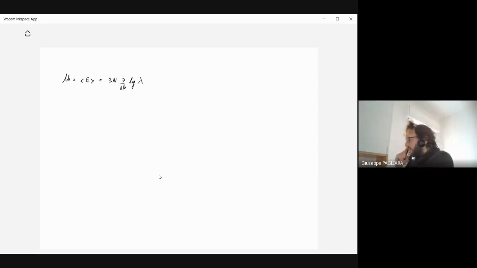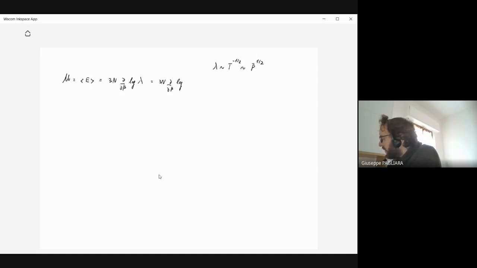And up to this point, I've done the calculation correctly. Now lambda scales as T to the minus 1/2, and therefore it scales as beta to the power of 1/2. And therefore here I have 3N times the derivative with respect to beta of the logarithm of beta times a constant k. Okay?